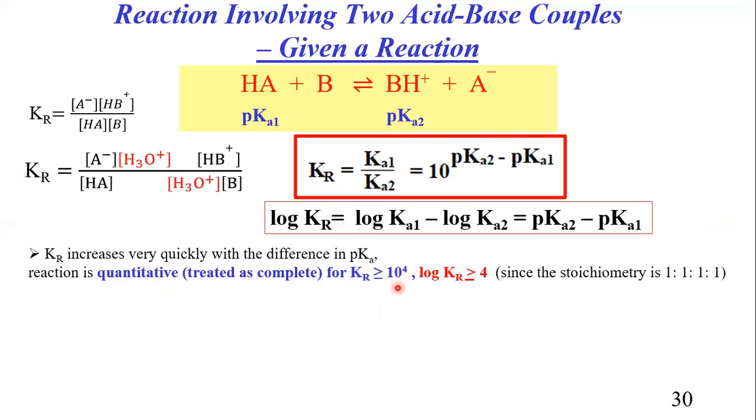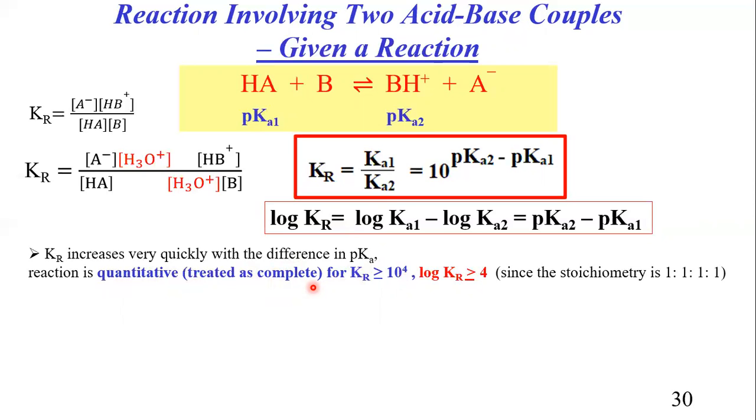And if it's greater than 10 to the 6, we called it complete. And how did we get it? We used alpha: when alpha was 0.99 or 99% complete, we called the reaction quantitative, and 0.999, we called it complete. Now we could have really done that derivation here, but it's a derivation which you already have.